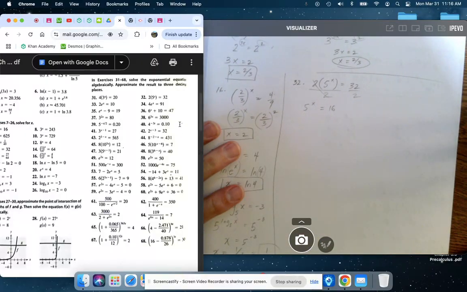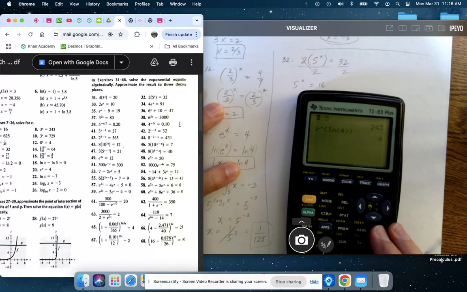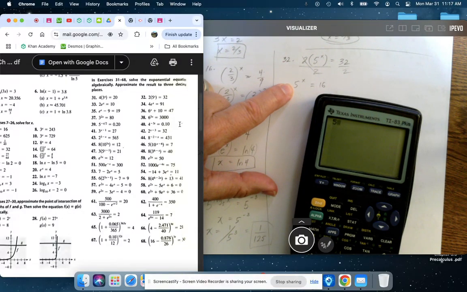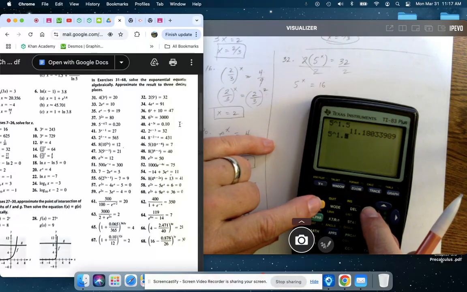All right, now what power is 16? Well, 5 squared is 25, so it's somewhere around 1.5 maybe. I'm just guessing. That's a little too small, so maybe it's 1.6.